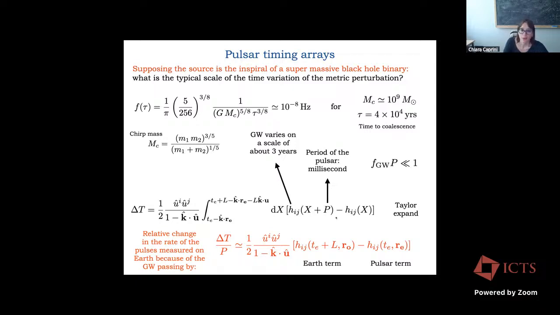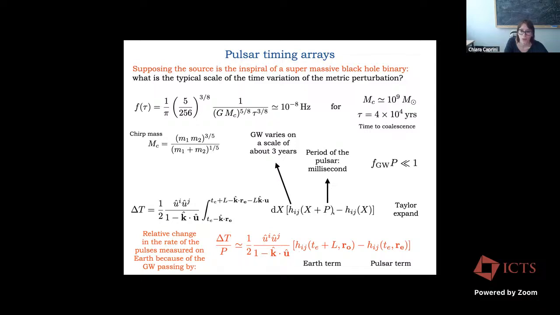And therefore, this quantity can be Taylor expanded. Once one Taylor expands this, because there is this minus Hij, one just remains with the derivative of Hij with respect to x times p. So the integral and the derivative go away, and the final result for this delta t is now this one, in which I have here delta t over p.